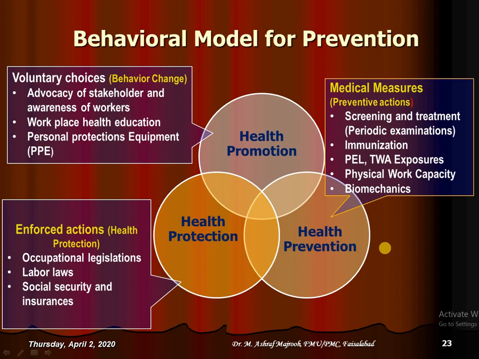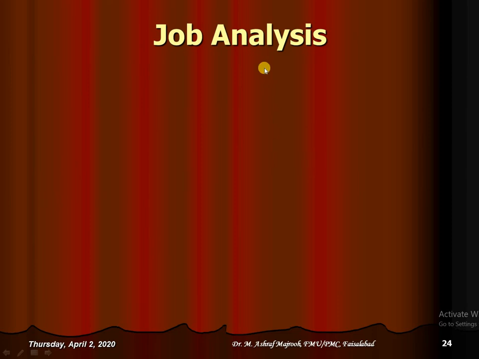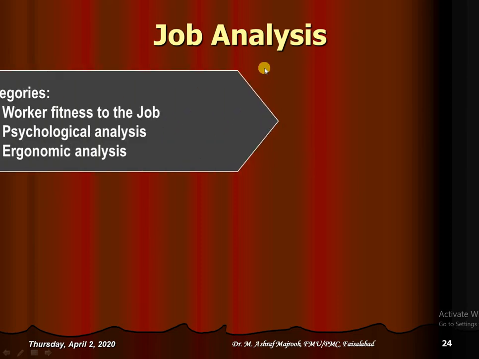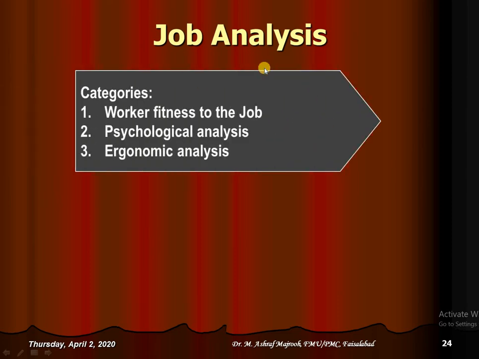So this model is used. Based on this model and the various interventions, job analysis is done. The job analysis is done in various categories. They include worker fitness to the job.